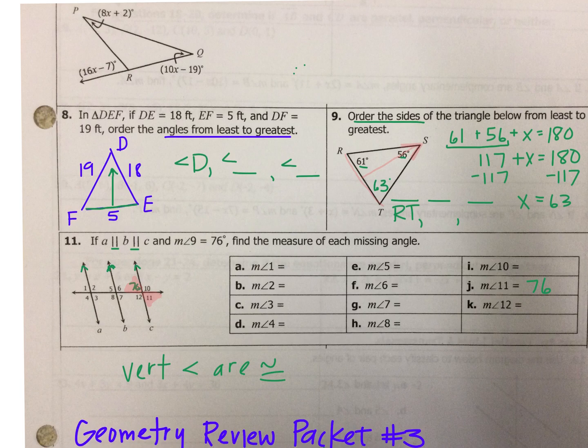Now let's figure out how much 10 is. So I'm going to draw a line. 10 is on a line. Here's 10, and here's that 9 that we know is 76. So I'm going to put an X in place of 10.